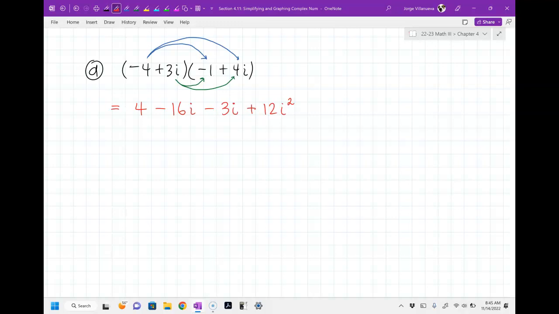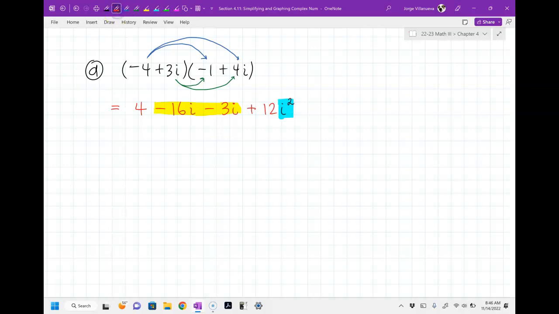All right? So let's combine some stuff. You'll notice I have like terms right here. But then also note the i squared. What's going to happen to the i squared? What does it become? A negative 1. So it's going to change that positive 12 to a what? A negative 12.